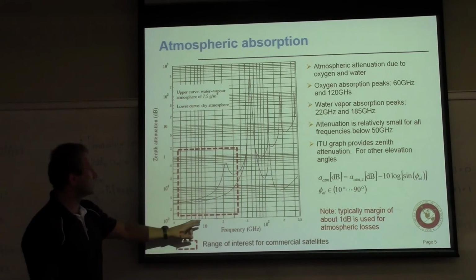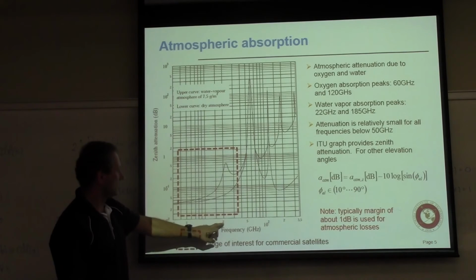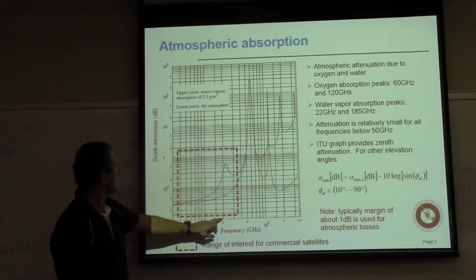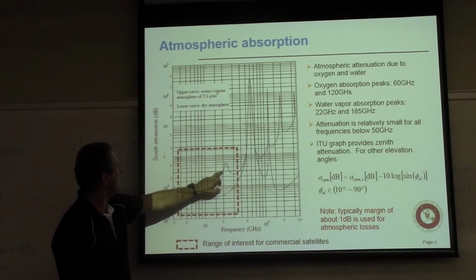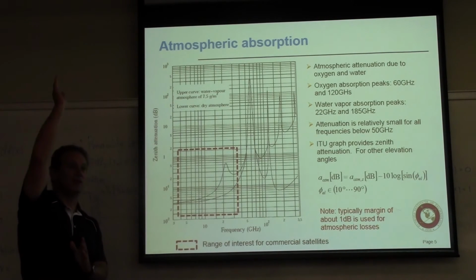So if I pick a frequency here, let's say this frequency, this is 20 gigahertz, and I look at how much I'm going to be attenuated going straight up. This is saying about half a dB of additional attenuation.